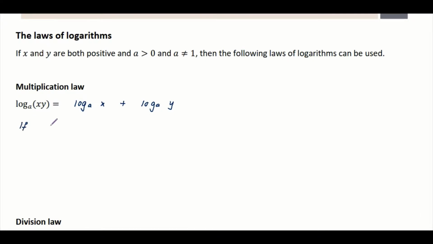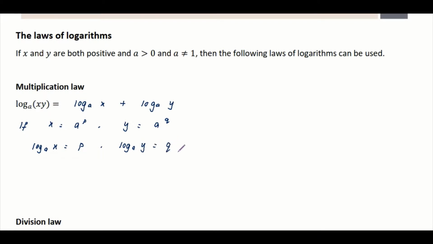If you have an index x equals a to the power of p, and y equals a to the power of q, when we change this into log, what do you get? You have log base a of x equals p, right? So the same thing, you have log base a of y equals q.